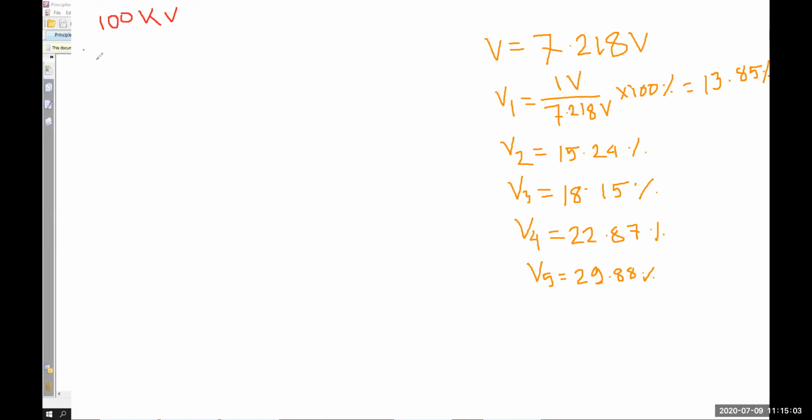So how much is our V? Our V will be 100 kilovolt divided by root 3. Remember, that is line voltage that is given. So 100 divided by root 3, our value is 57.735.